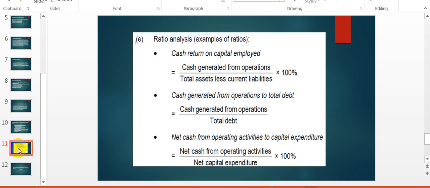Net cash from operating activities over net capital expenditure times 100%.